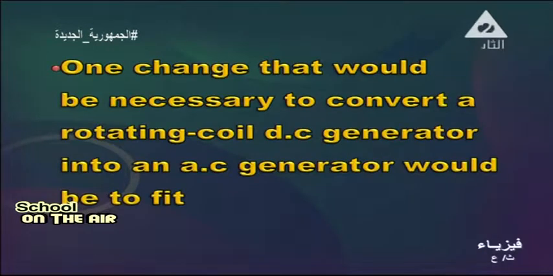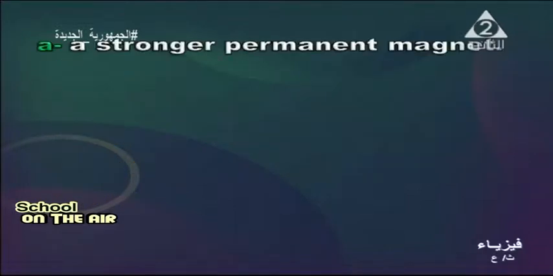One change that would be necessary to convert a rotating coil DC generator into an AC generator. Usually we do the opposite. Let me say it again: what change would be necessary to convert a rotating coil DC generator into AC? I'm converting DC into AC, so what change is needed here?